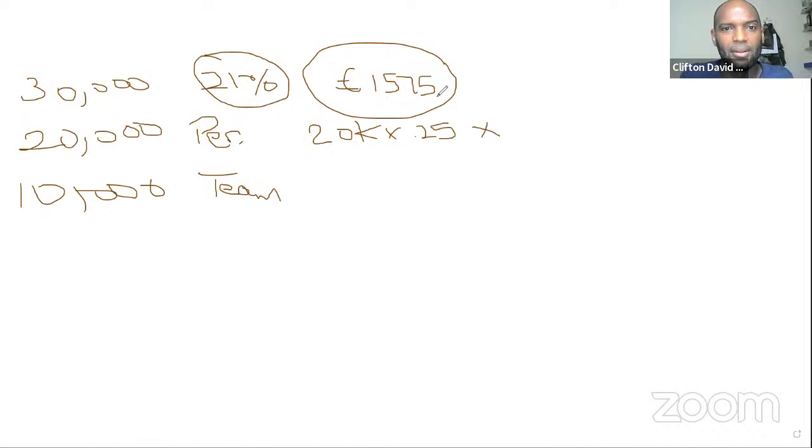That 10,000 points combined with your personal 20,000 is called your group points. So you have now 30,000 group points in total. So Derek still achieves 21% because of his team.